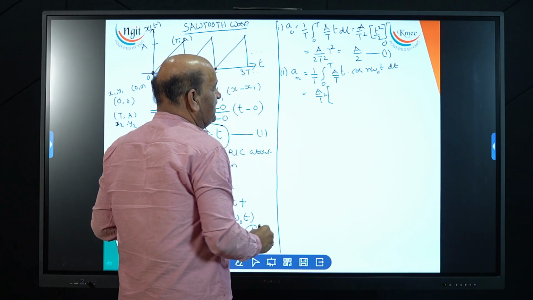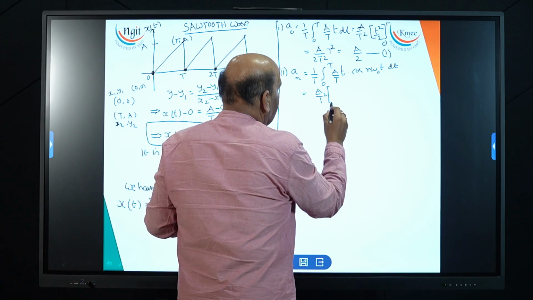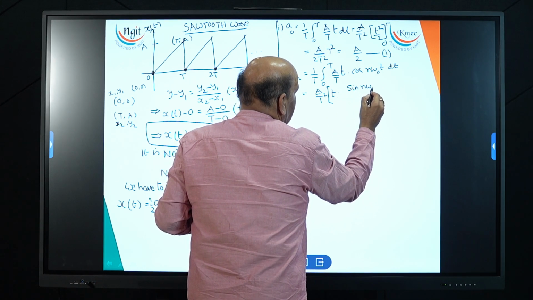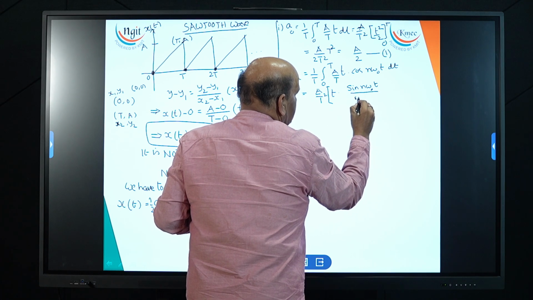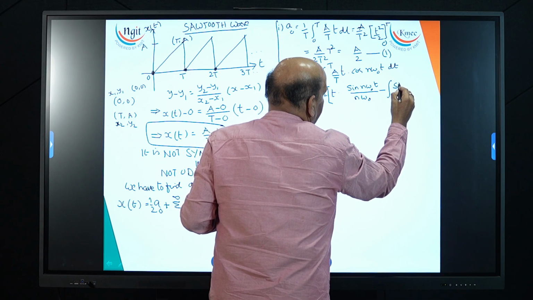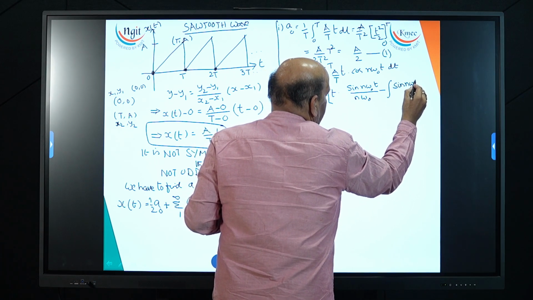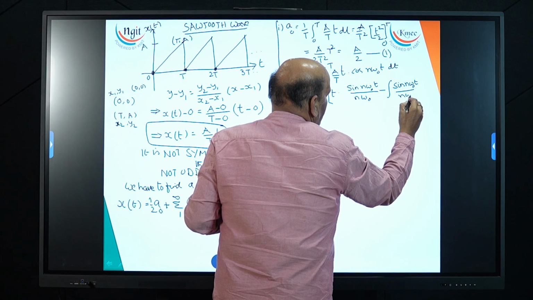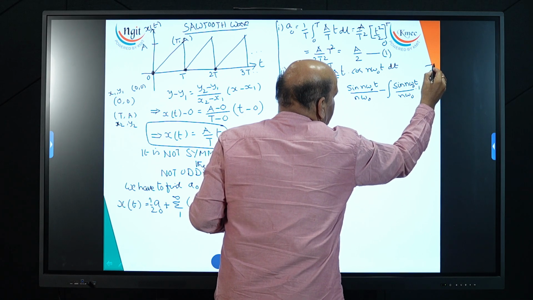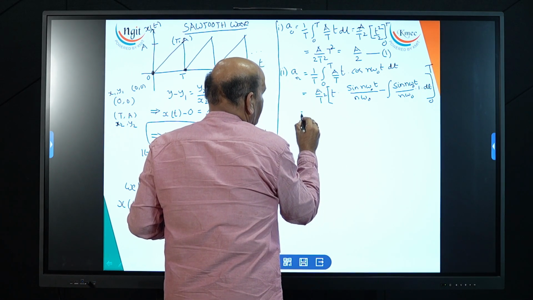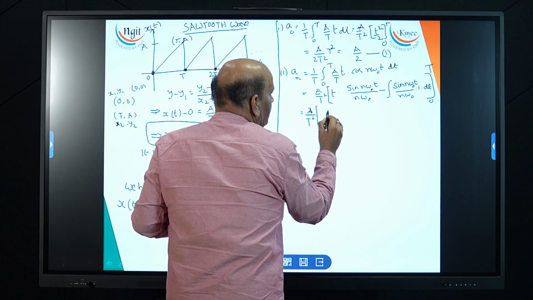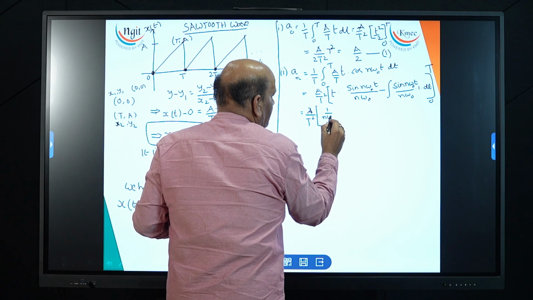Now integrating by the UV method: t for cos, giving sin n omega naught t by the constant n omega naught, minus integral of sin n omega naught t by n omega naught into 1 into dt, between the limits 0 to T. Now this is equal to A by T squared into 1 by n omega naught, which is constant.